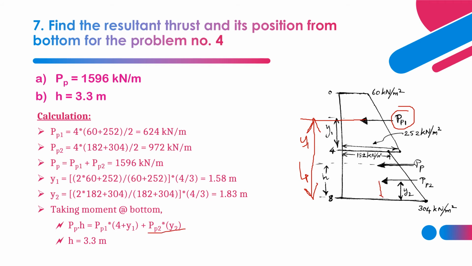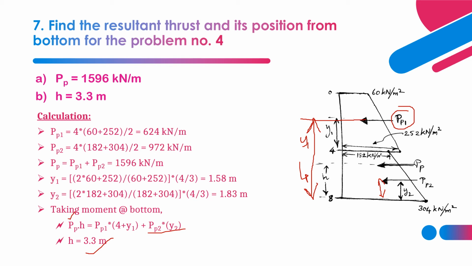Here you can see this is the y2 value at which PP2 is acting. Upon taking moment at the bottom, we know the PP value and all other things, PP1, y1, PP2 and y2. Upon substituting values, we get the answer for H, the location at which the resultant thrust is acting from the bottom. That is 3.3 meter in this case. So this is the approach to find the total resultant thrust value and its position.